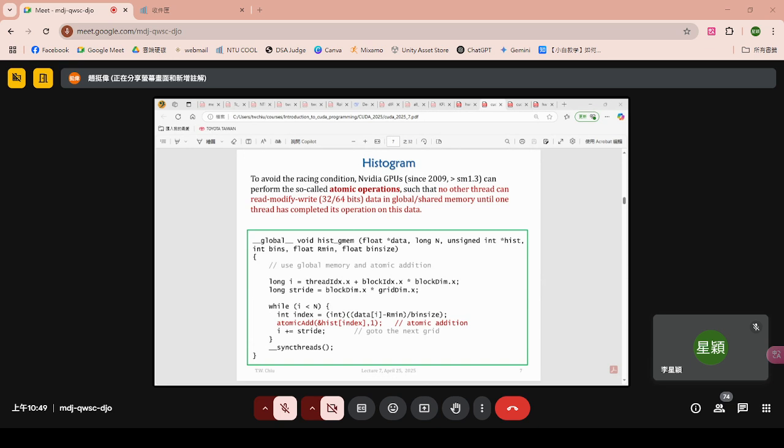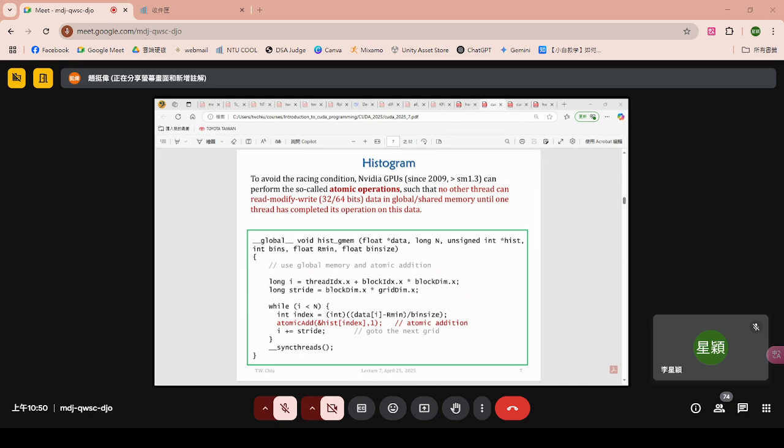And the main code is similar to other CUDA codes before. First, set the CUDA device, cudaSetDevice. Then enter the size of the data vector, how many numbers in this data vector, and then the range of the data.